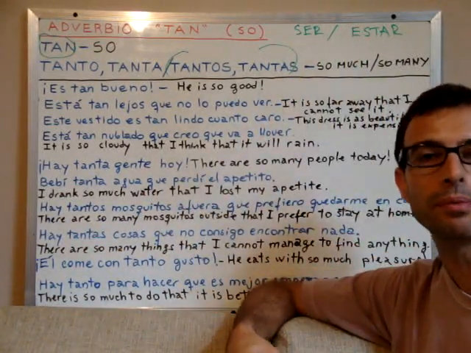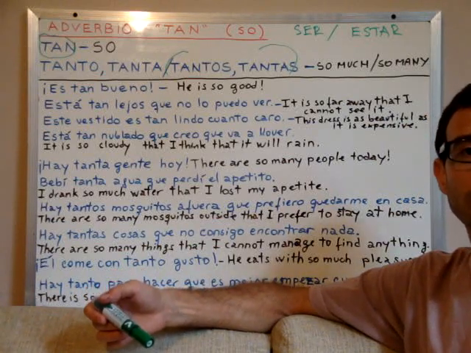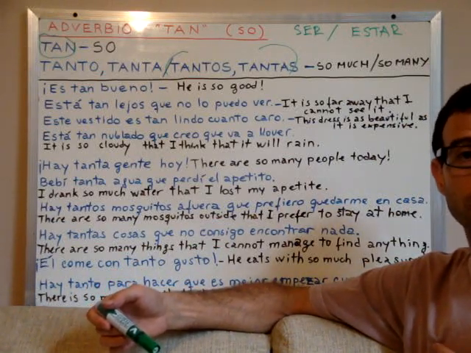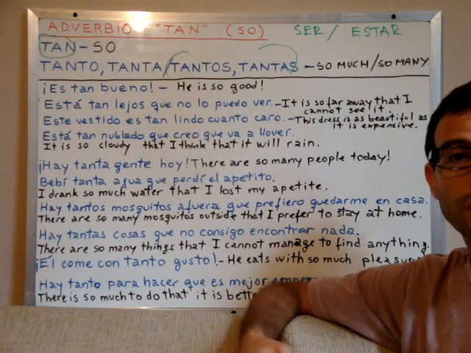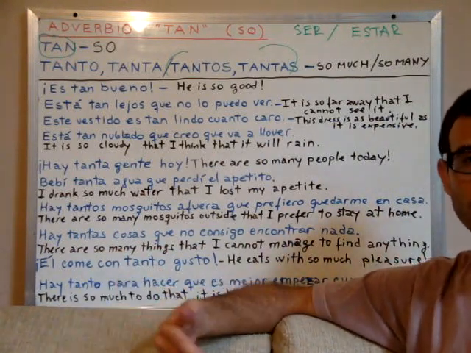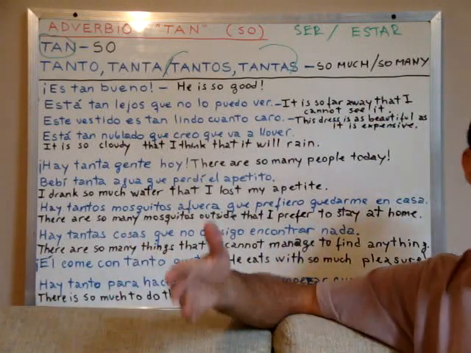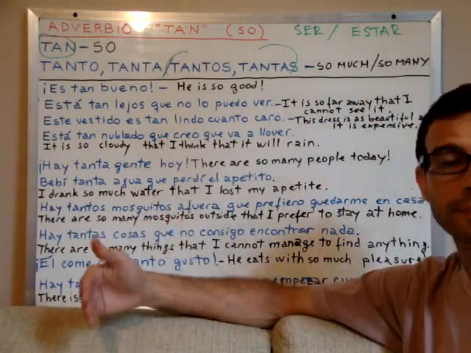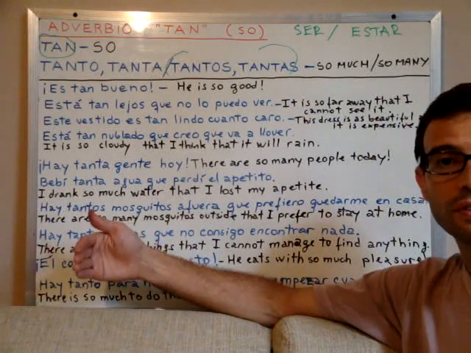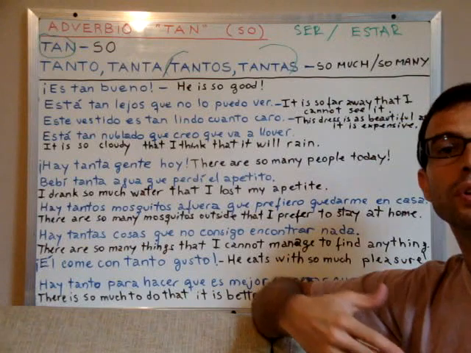Let me give you an example. An intrinsic feature can be I am John, for example, because I am John and I will always be John. I am a man, right? Man is something that doesn't change, right? I was born a man and I will always be a man. In Spanish, for these cases, we use the verb ser. Yo soy Rodrigo.